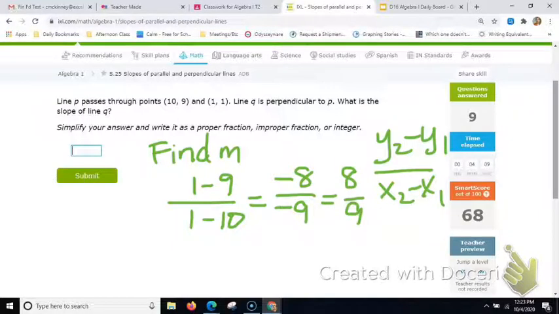The x's do need to get subtracted on the bottom. So that slope is 8/9, but then this says perpendicular, so I'm going to flip it and change the sign. So it was positive, now it becomes negative. So then negative 9/8.